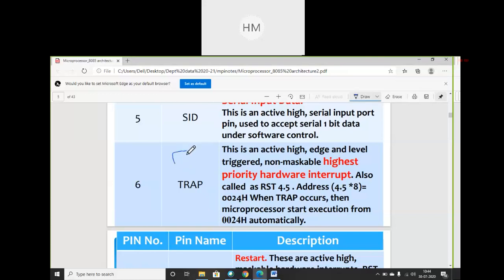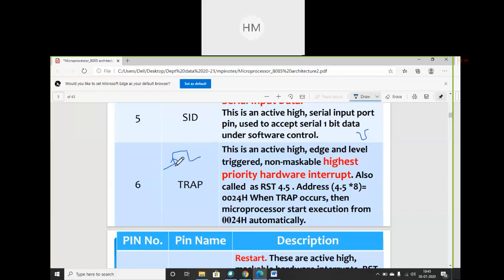See, this is my pulse. If it is going from low to high, that is the trigger pulse. Some devices use negative triggering, like this. Multivibrators require negative triggering. So this is an active high, from ground to high level. Edge means this edge, and level means this. If it is edge and level triggered, then the TRAP pin will be high.